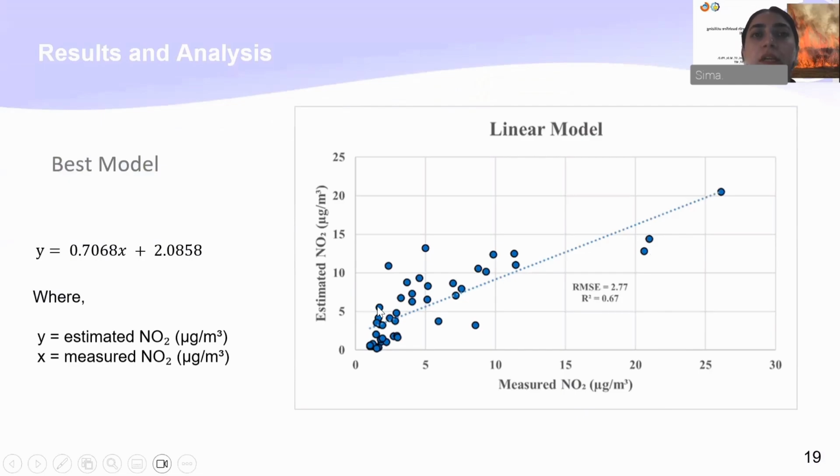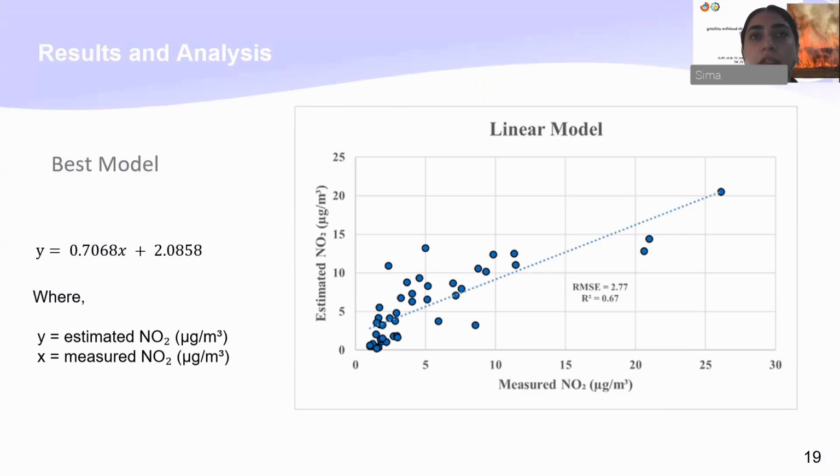A regression analysis was conducted to establish a model linking satellite-derived nitrogen dioxide data converted to microgram per cubic meter with ground-based nitrogen dioxide measurements from 2 reference monitoring stations, Rolling Green and Coversham.